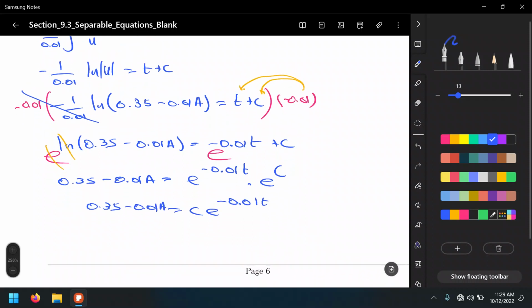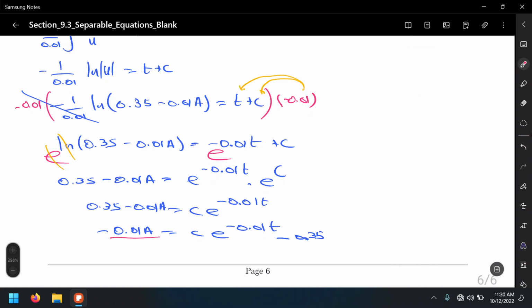Let's keep solving for A by subtracting 0.35 from both sides. That's going to give us negative 0.01A equals c e to the negative 0.01 t minus 0.35. And dividing both sides by negative 0.01, check what's going to happen here. A few things.